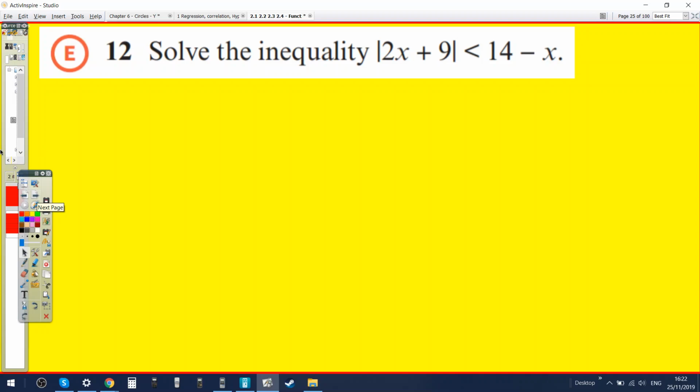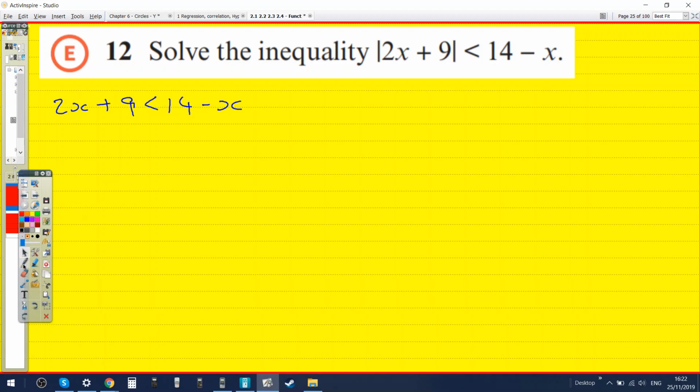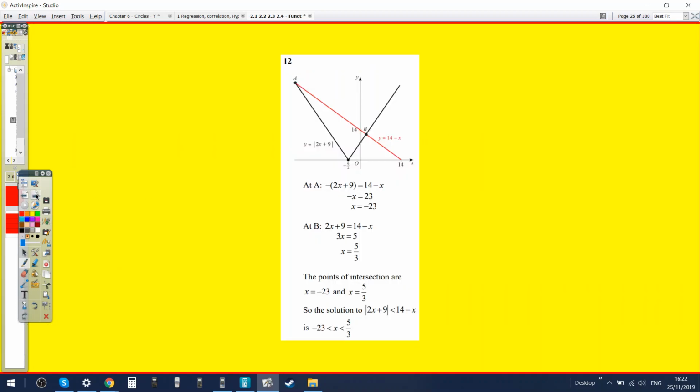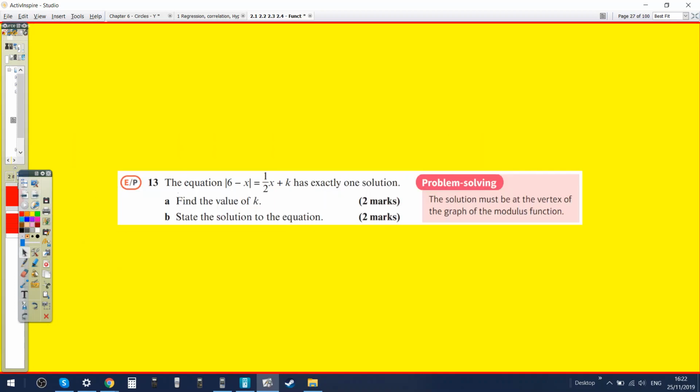That would be 2x plus 9 is less than 14 minus x, and the 2x plus 9 is greater than minus 14 plus x. Yeah, I think you'll be fine for that. It's very similar to ones we did. These are just the exam questions.